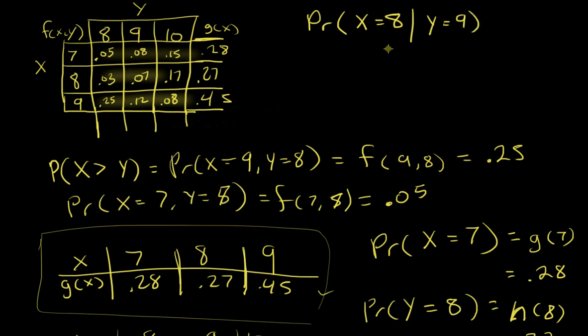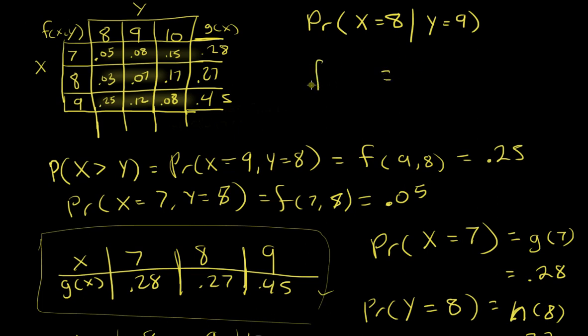So to calculate this conditional probability, remember when you had a probability involving both x and y, you needed the joint. When you had a probability only involving x, you needed the marginal for x. Well, now that we have a probability of x given y, we need to know the distribution function for x given y, right? So what is that?